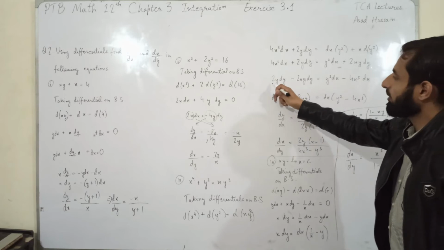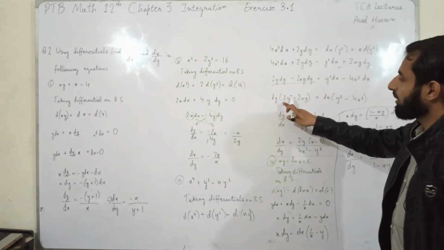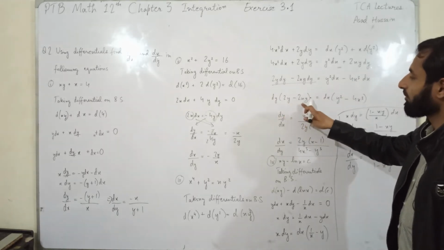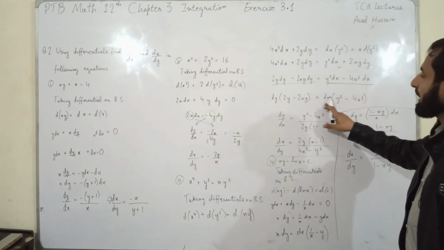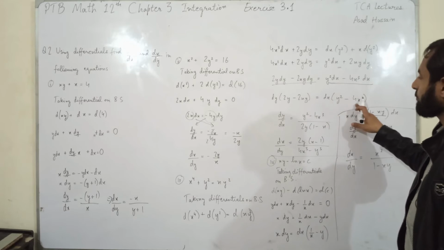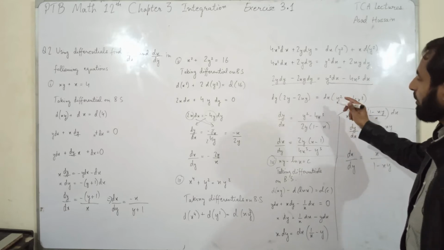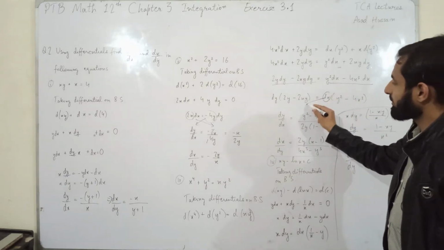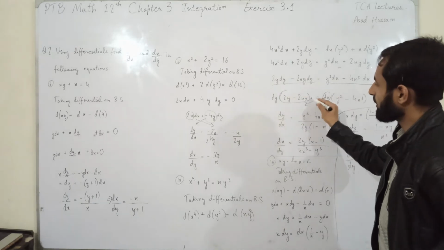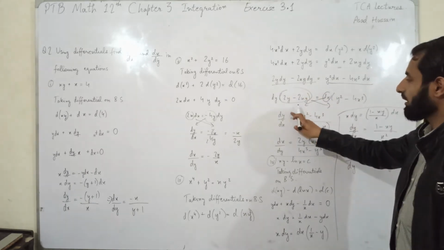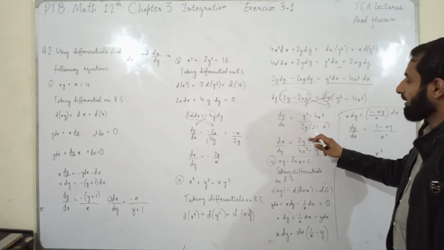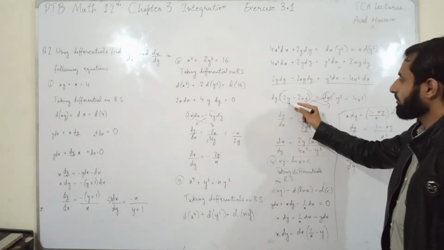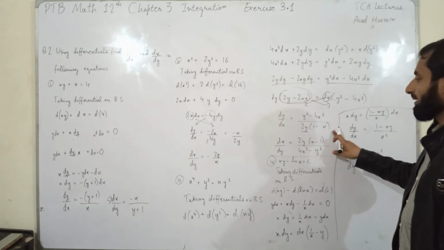Taking dy common from these two values, we get dy bracket 2y minus 2xy. From these, taking dx common, we get dx bracket y square minus 4x cube. Now moving dx to the other side and this expression to the other side, we get dy over dx is equal to y square minus 4x cube over 2y, taking common 2y from these two terms, 1 minus x.